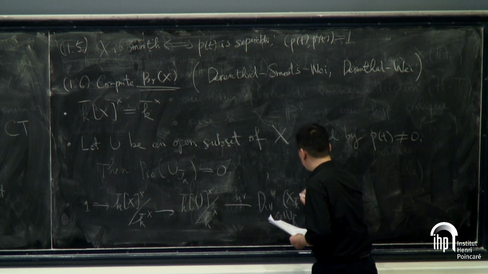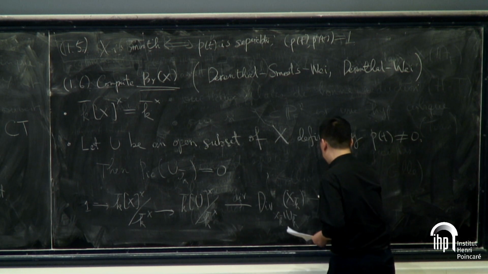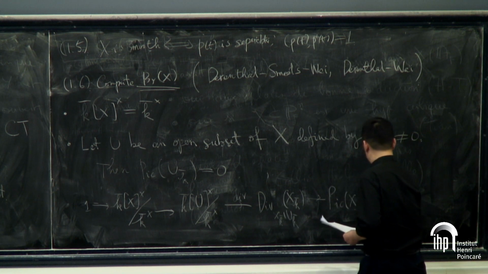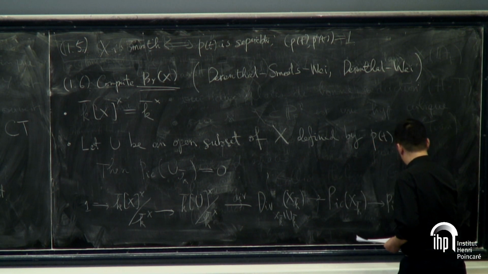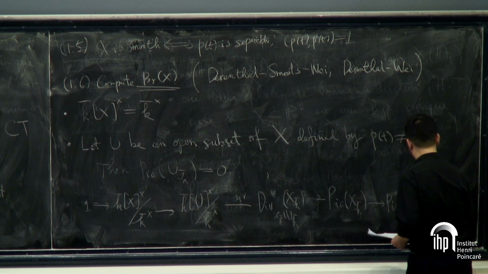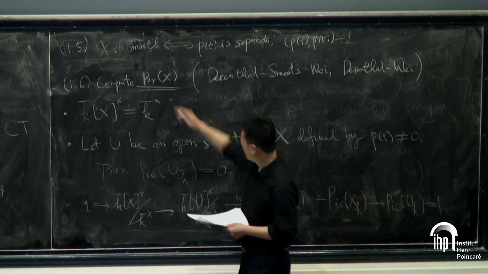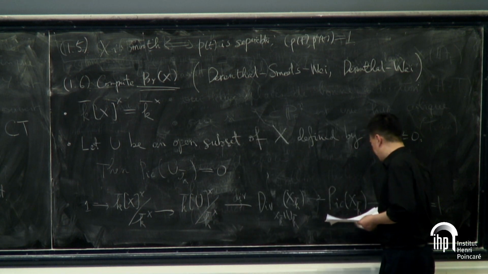Well, this is a permutation module, and you have this Pic of X bar, and you have this Pic of U, and you already know this is trivial. So actually, I wish to compute this Brauer group. First, I need to understand this Pic.